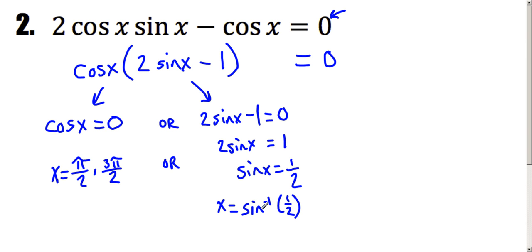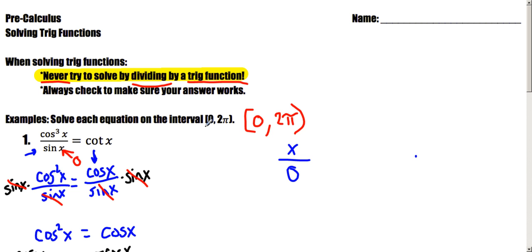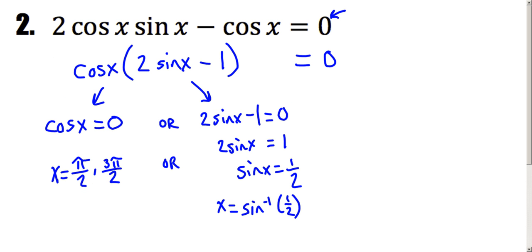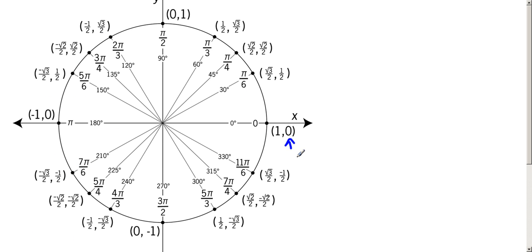And now be careful, because if this were just all by itself on its own problem, the range of this would just be from 0 to pi over 2 and 0 to negative pi over 2. But since we were given this to be the interval of angles that we're looking at, this overrules what we know is the range of our inverse sine function. So we're just looking for what angle between 0 and 2 pi has a sine of 1/2. So let's go back to our unit circle.